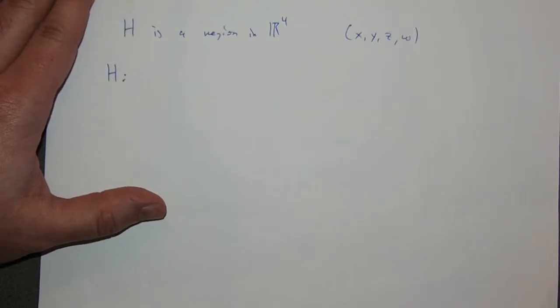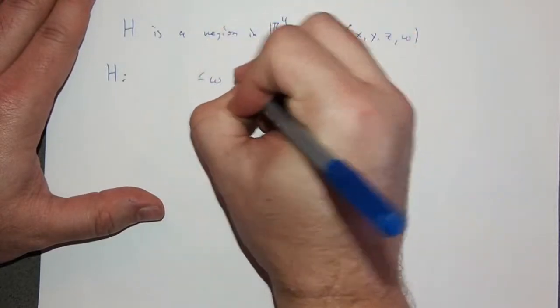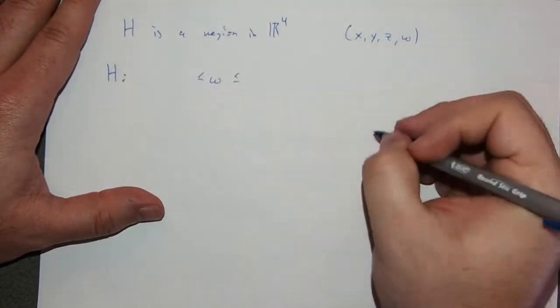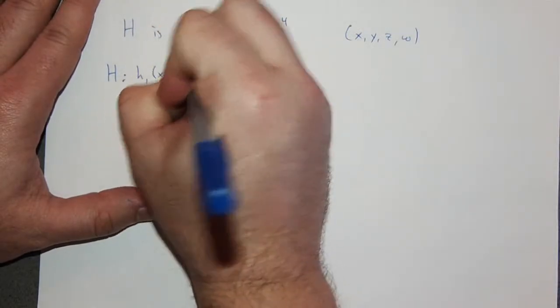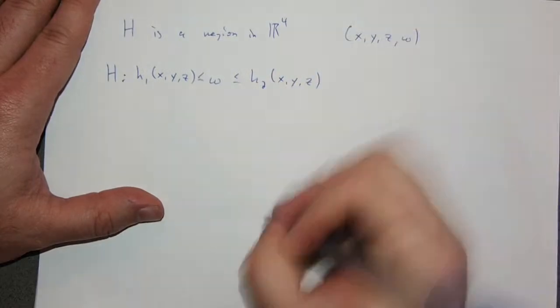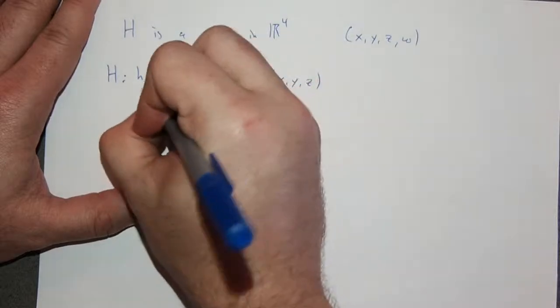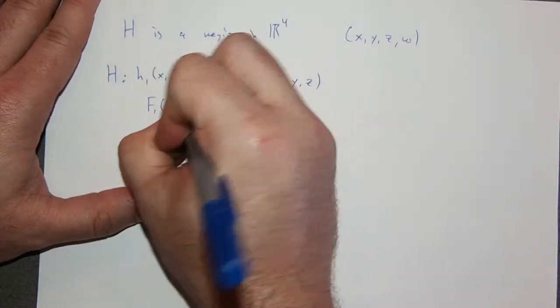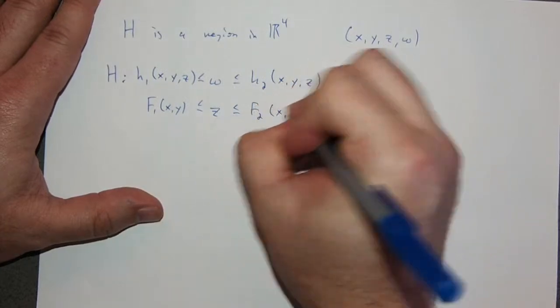And so w is bounded between two functions of three variables. We'll call them little h sub 1 of x, y, z and little h sub 2 of x, y, z. And then z is bounded between two functions of two variables, big F sub 1 of x, y and big F sub 2 of x, y.